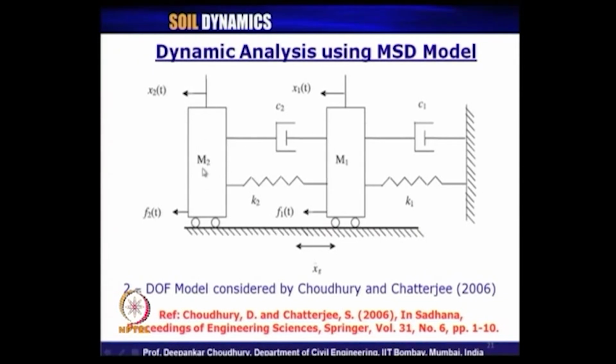So, it should be considered as a 2 degree of freedom model, considering the mass of the wall and using wall properties to get the damping constant and stiffness for the wall. So, C2 and K2 are correspondingly the damping constant and spring constant of the wall. M1 is the mass of the soil which is participating, and C1 and K1 are the soil damping and soil stiffness.